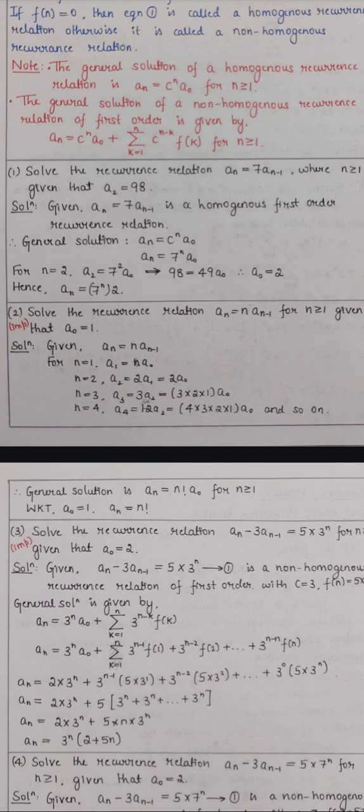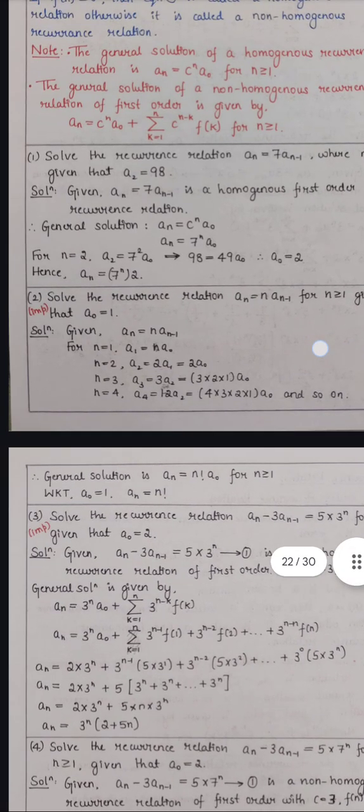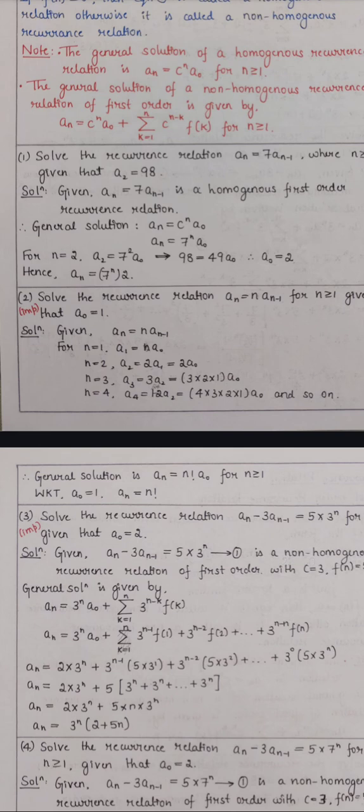Solve the recurrence relation a_n equals 7 a_{n-1} where n is greater than or equals to 1, given that a_2 equals 98. If a_2 is given as 98, then we will find. Given that a_n equals 7 a_{n-1} is a homogeneous first order recurrence relation because there is nothing after that.